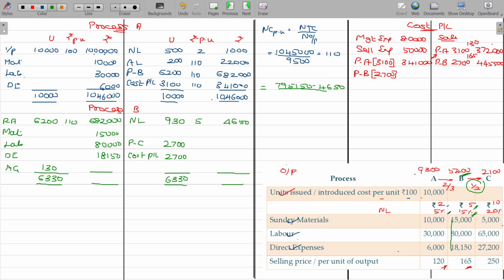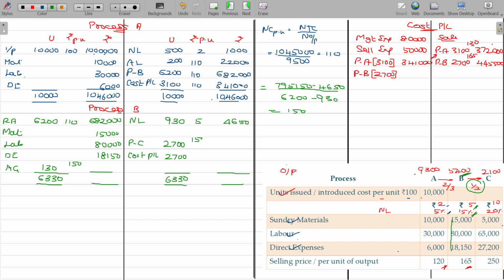Denominator: normal output being 6,200 minus normal loss 930. The ultimate value here being 150. So that 150 will be commonly applicable for all the three. Means abnormal gain also valued at 150 per unit.